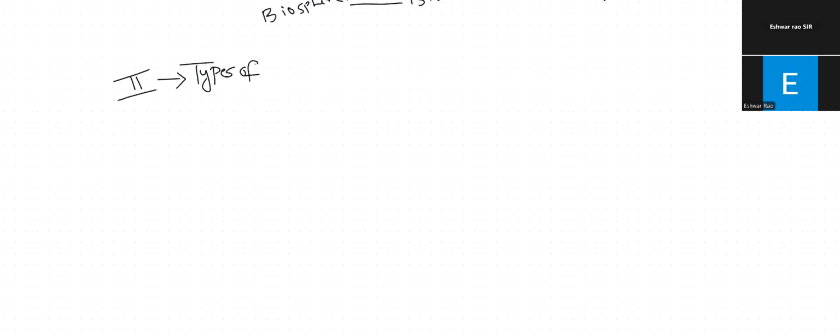Can you tell what are the types of circulation? Majorly, we have two types of circulation. One is called open type of circulation. The other one is called closed type of circulation.